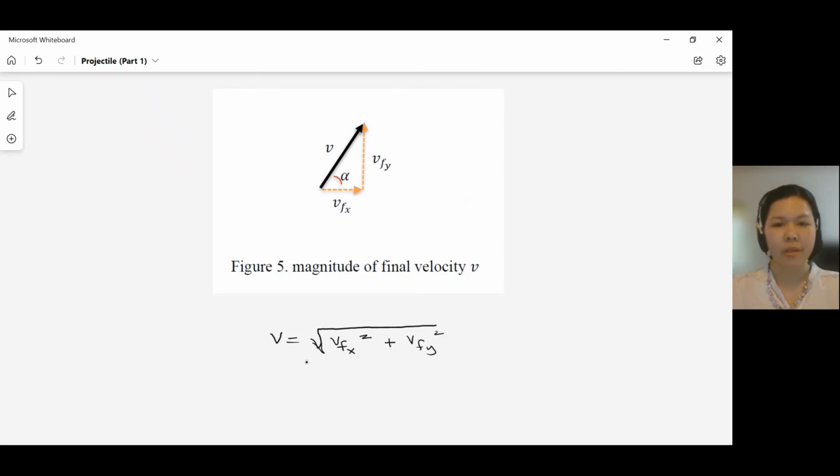And the direction, looking at figure 5, tangent alpha is equal to vf y over vf x. In figure 5, note that vfx is drawn to the right because in our sign convention, to the right is positive. Moreover, vfy is going up because in our sign convention, upward is positive.